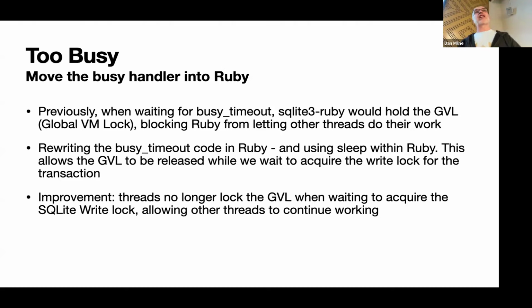And using sleep means now that threads, not processes, I suppose, do not block when you get the busy timeout. You just wait. I'm not sure, that's a huge improvement, because having the whole VM wait while you've got a busy timeout is quite crazy, really.